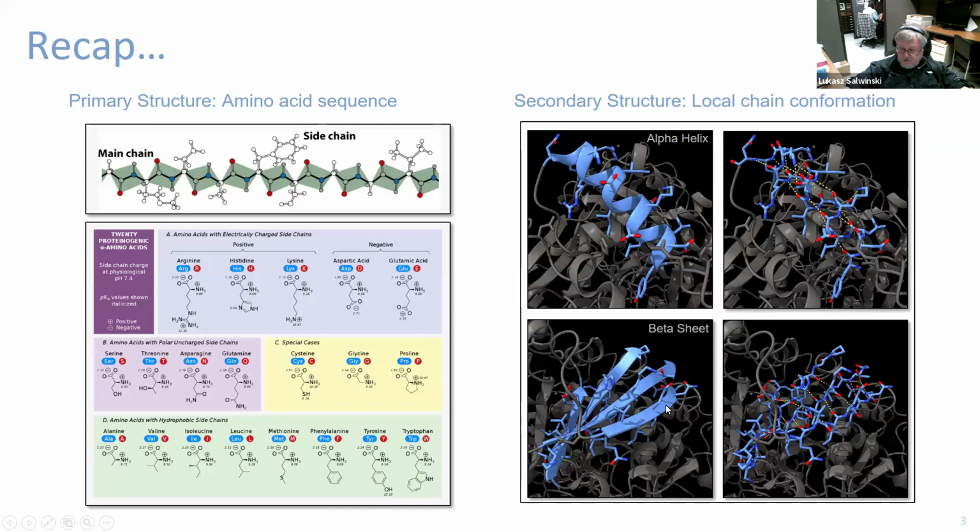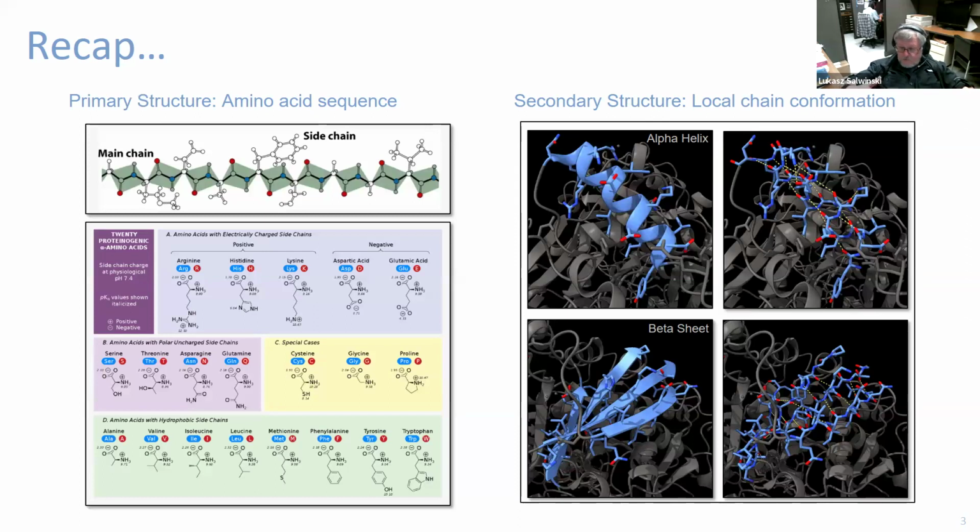In this particular case, the strands are parallel. They all point in the same direction. Those are all C-terminal ends of the strands. They can alternate, and that's another variant of beta sheet, but the idea is the same: straight stretches of backbone connected together by hydrogen bonds in between.